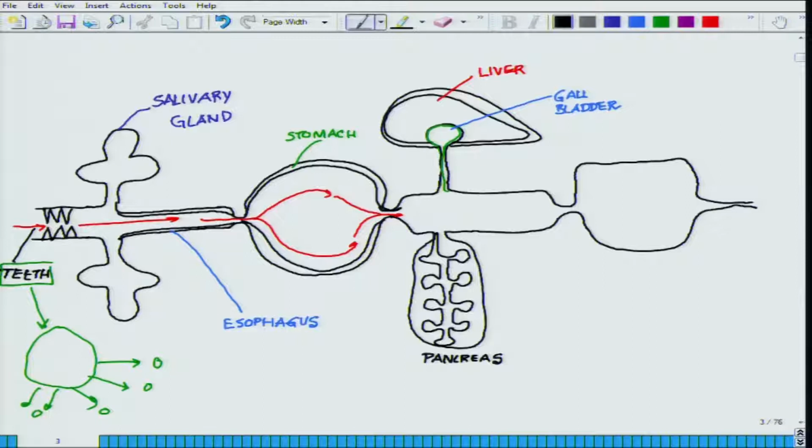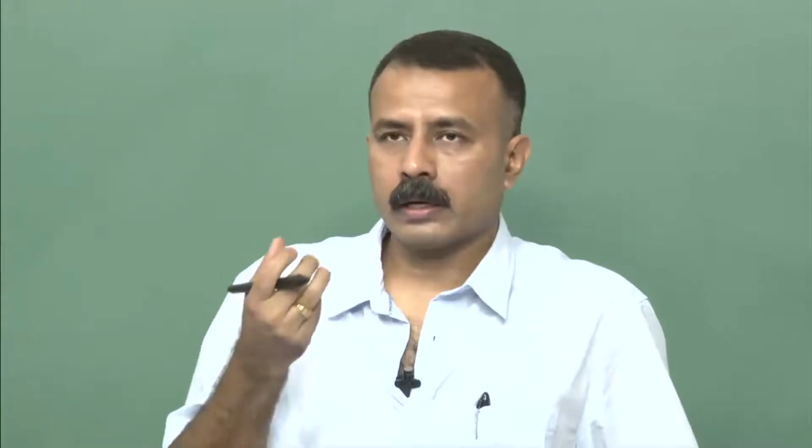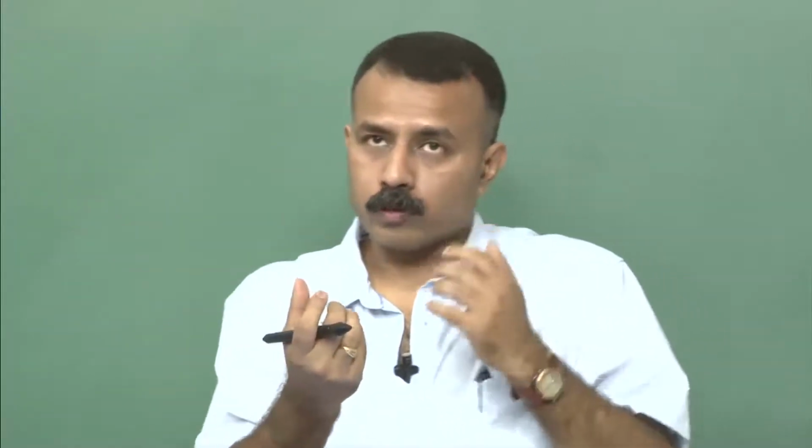And here food enters into the small intestine, that huge area where a lot of absorption takes place, and which is very nicely supplied with blood vessels, so that they can absorb as much food particle, or the different components of the food particle, as possible.